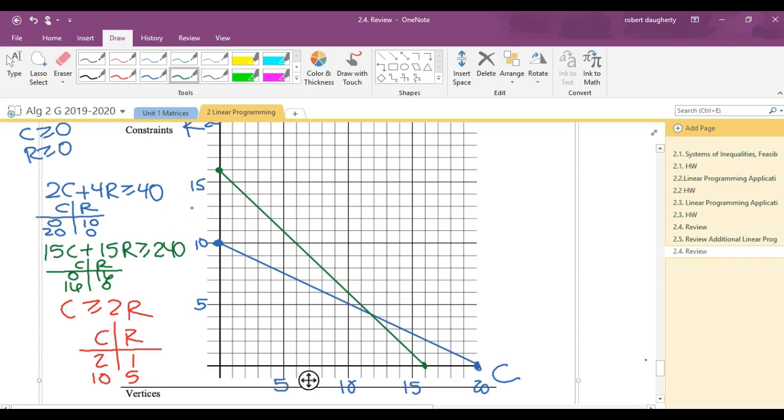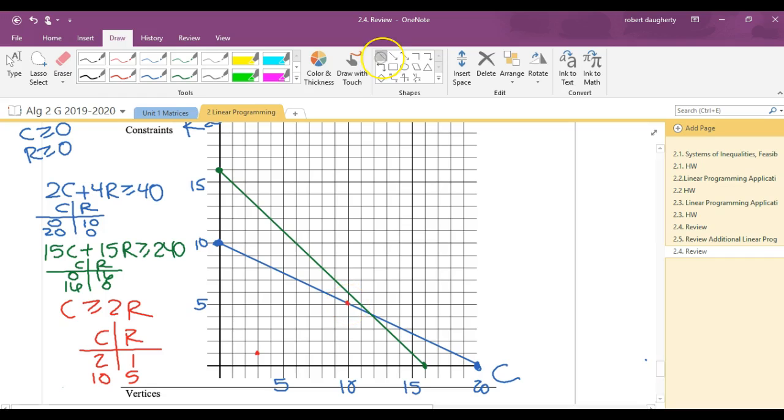And then the line that goes through, say, C is 2, R is 1, so 2, 1 is right here, and 10, 5 is right here.